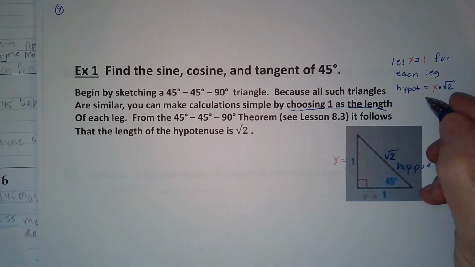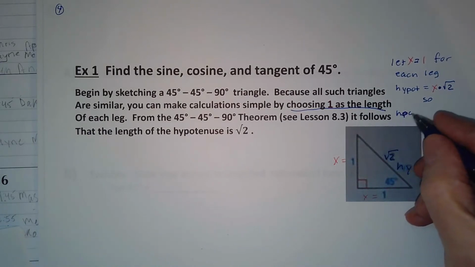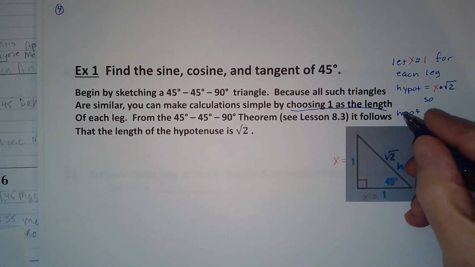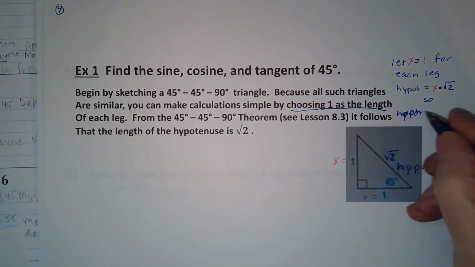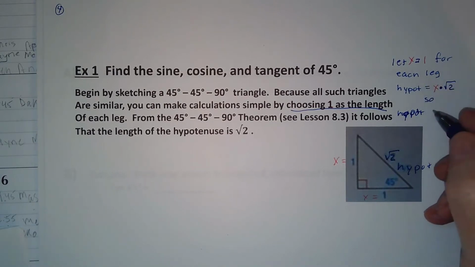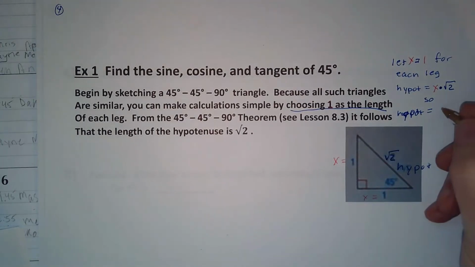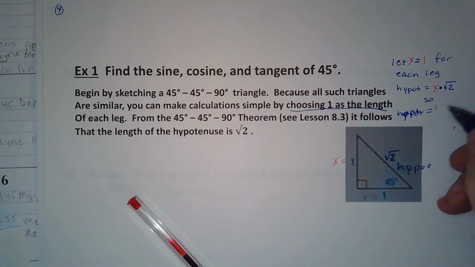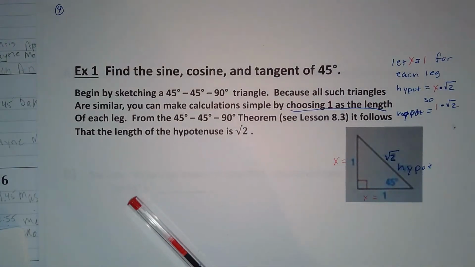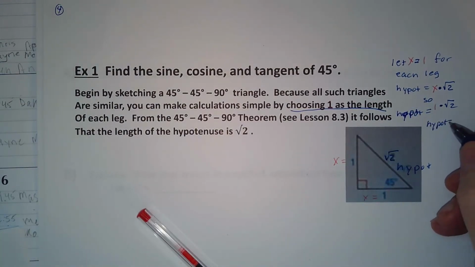If the hypotenuse equals x times the square root of 2, and x is 1, then the hypotenuse equals 1 times the square root of 2, which simplifies to the square root of 2.